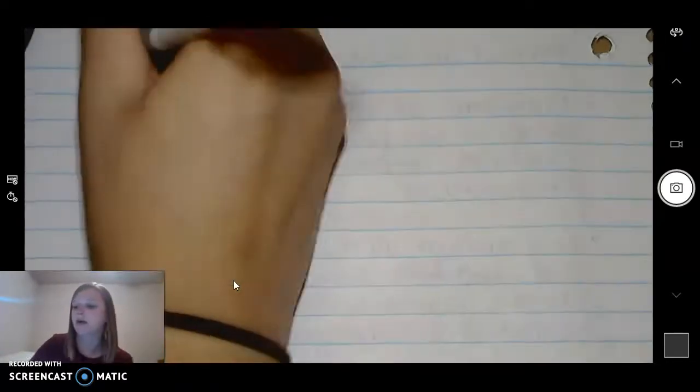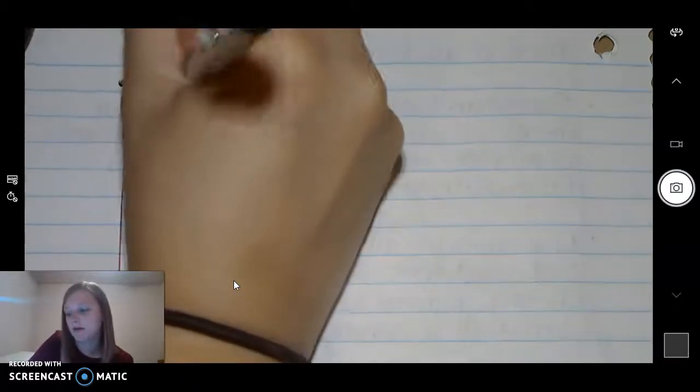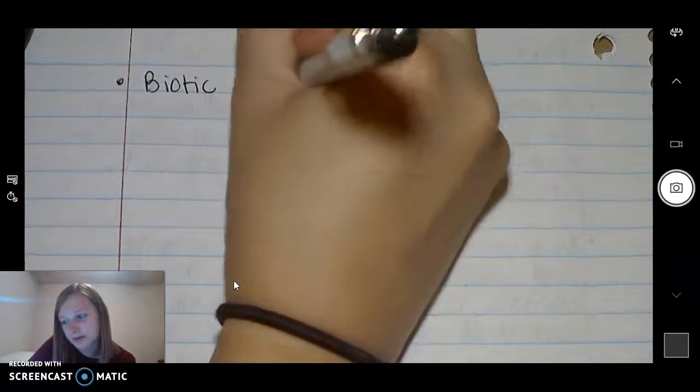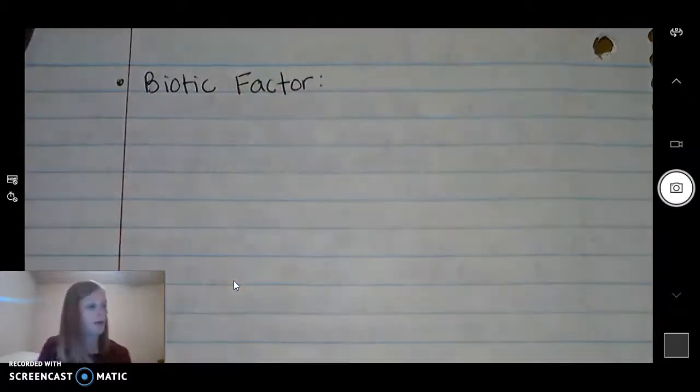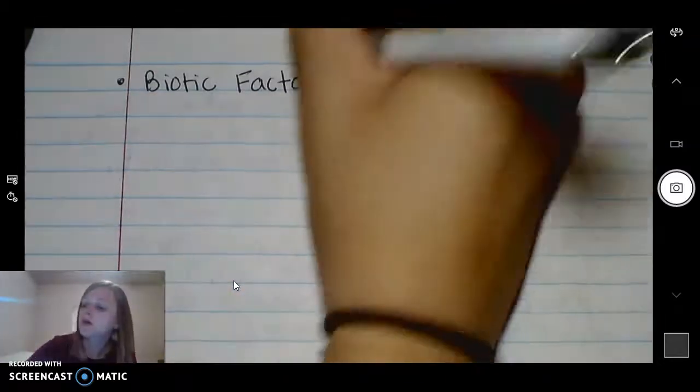First thing that we want to write down is biotic factors. Okay, remember we said biotic factors are living things in an ecosystem.